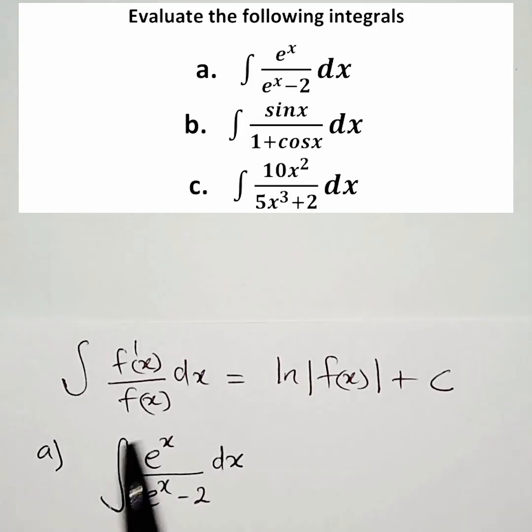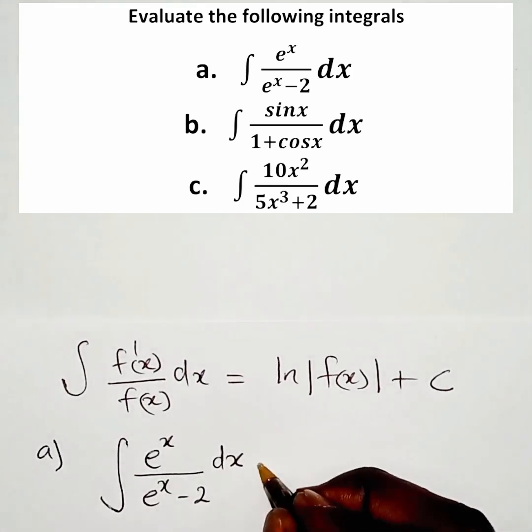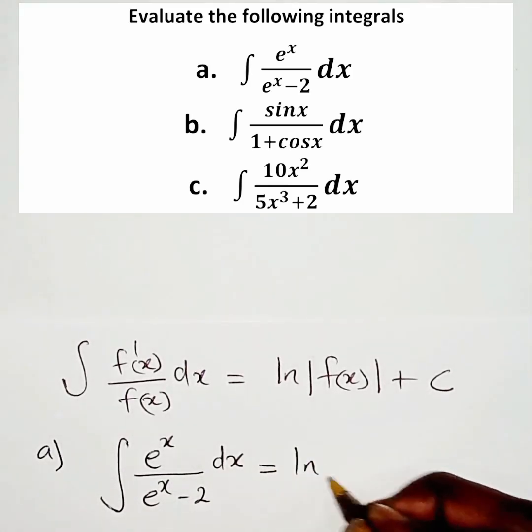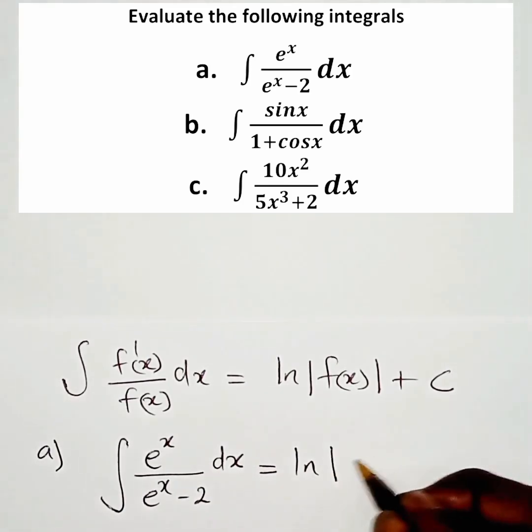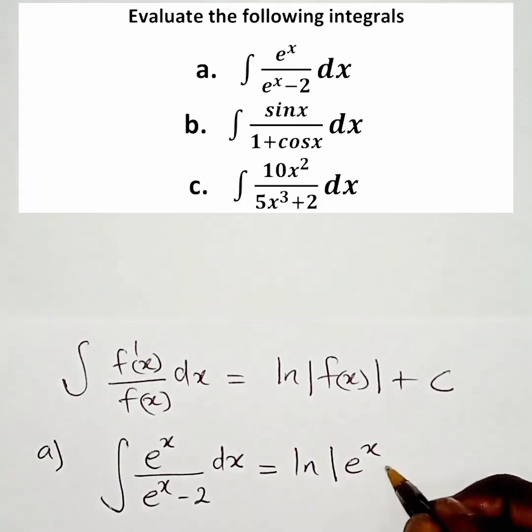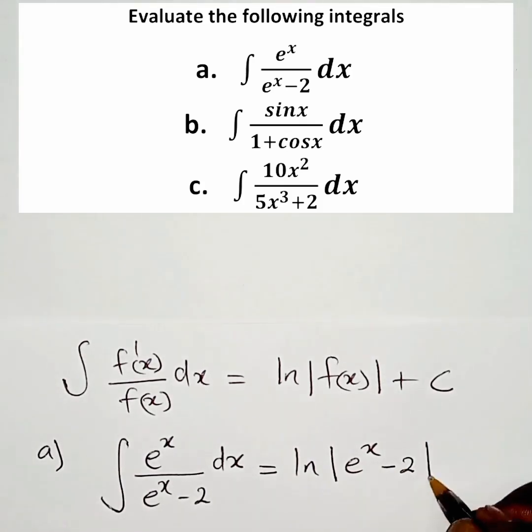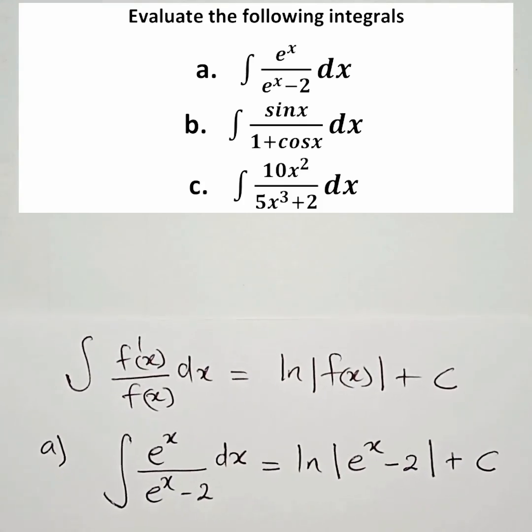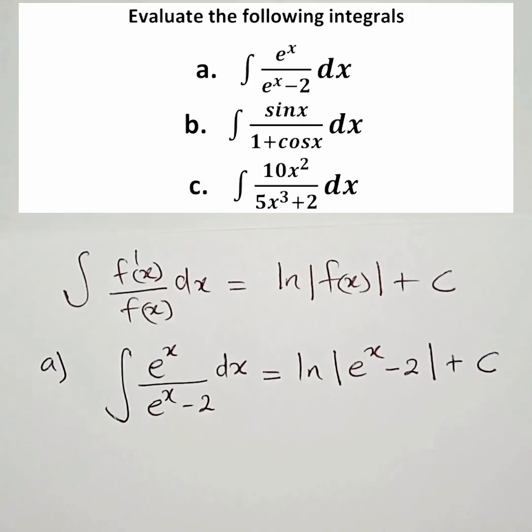If you look at the question at hand, you realize that if you differentiate this denominator, you are going to get the numerator. So as simple as that, this is equal to ln|e to the power x minus 2| plus c.